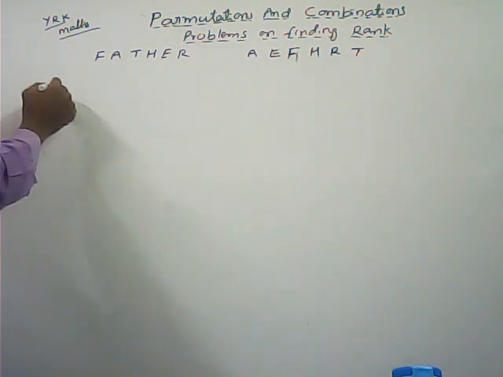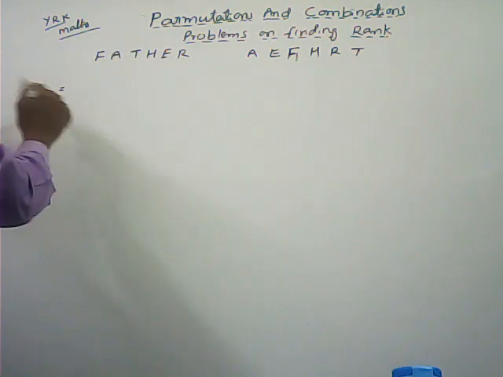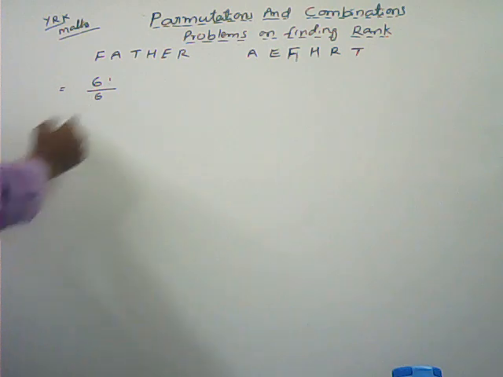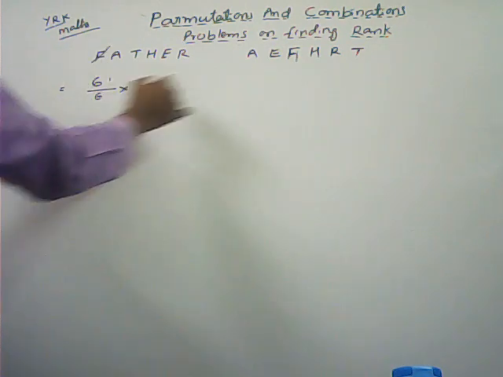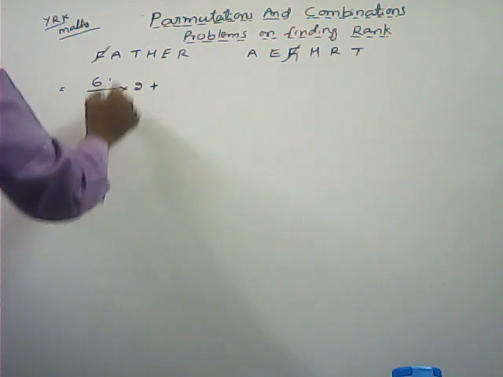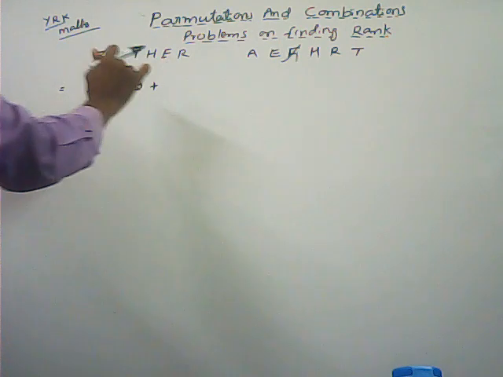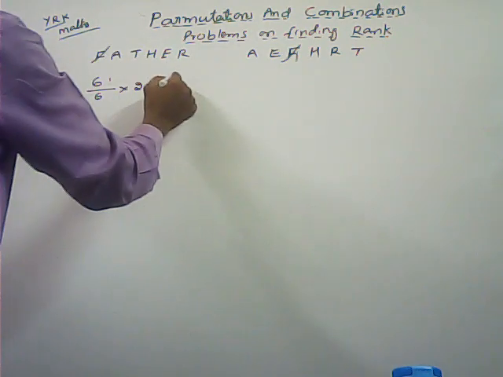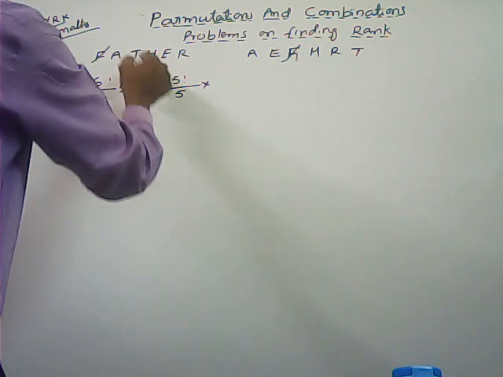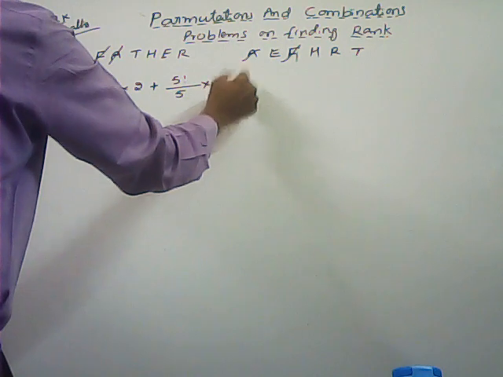In the same way, the rank of the word father: the total number of arrangements, all are different letters only. So 6 factorial by number of letters 6, into, if I cancel F, before F how many free letters are there? 2 are there. Plus the total number of arrangements: these 5 letters can be arranged among themselves in 5 factorial ways. 5 factorial by 5 into, if I cancel A, before A free letters are 0.